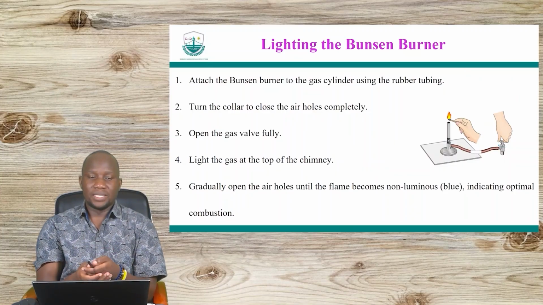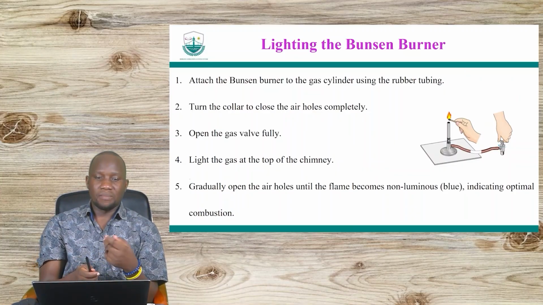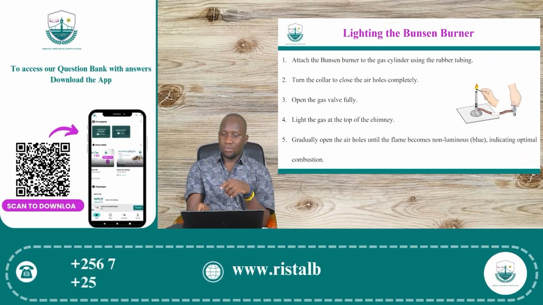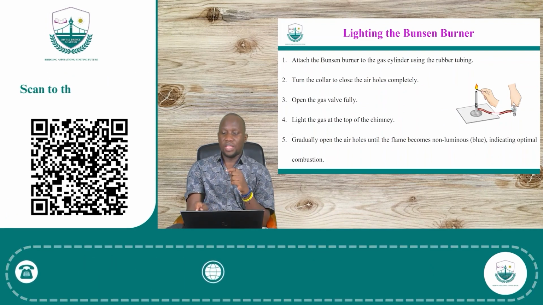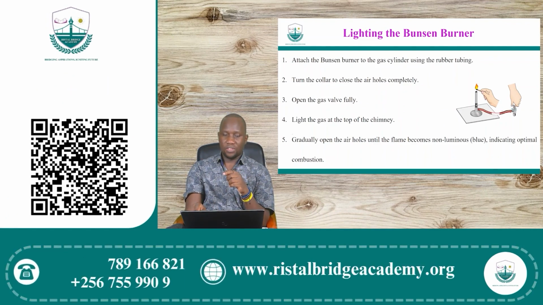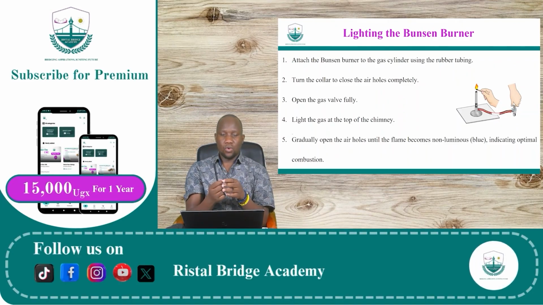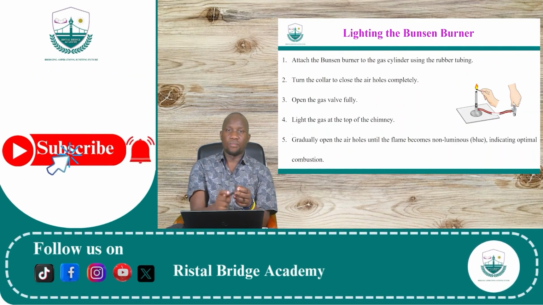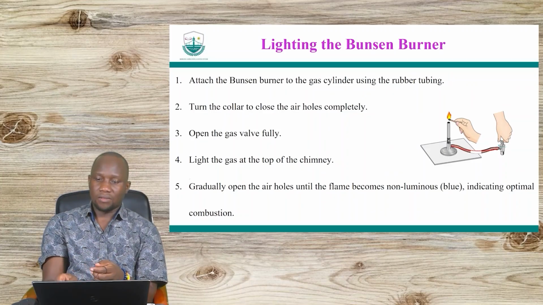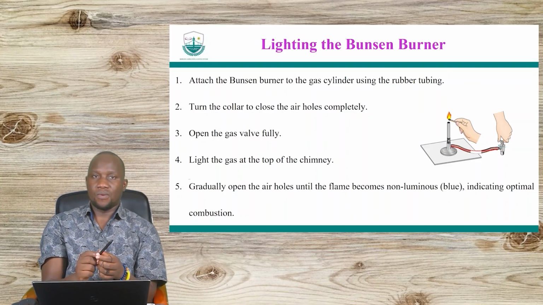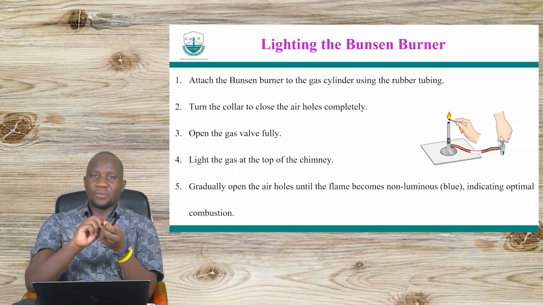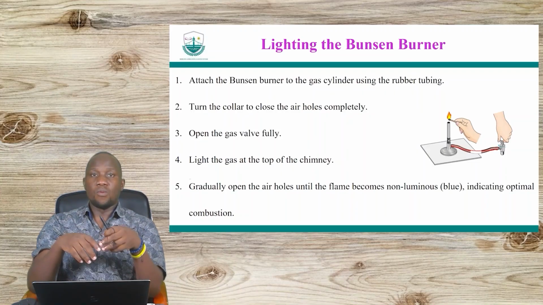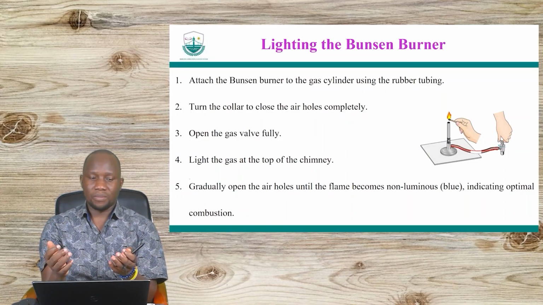So how do you light the Bunsen burner? Make sure that the Bunsen burner is connected through the tubing to the cylinder that has the gas. After connecting it, make sure that you close the air holes completely through the collar. You don't want to light your matchbox or whatever lighter you have, and then boom, a lot of flame coming up.